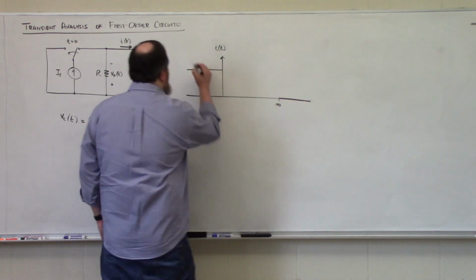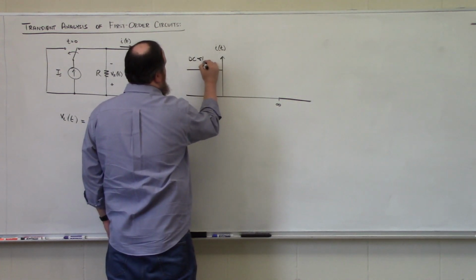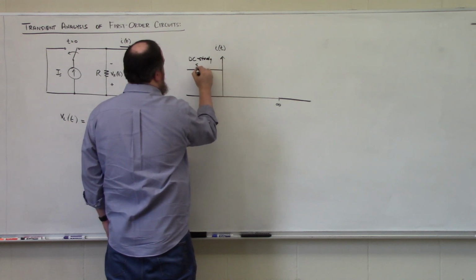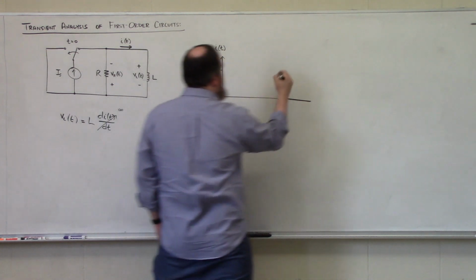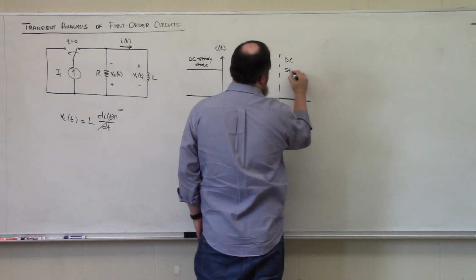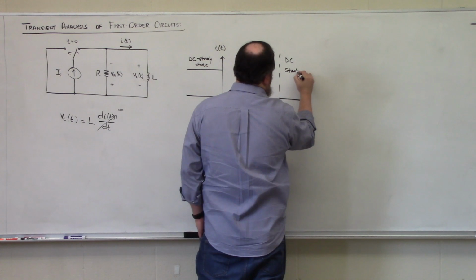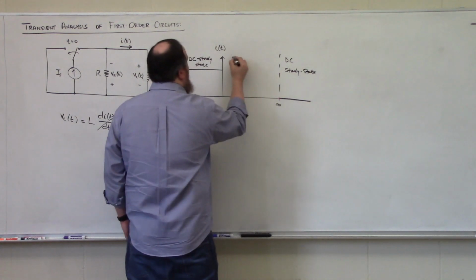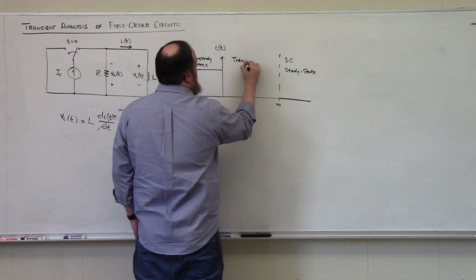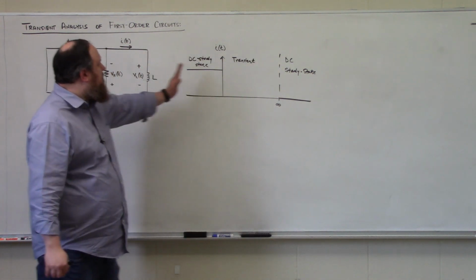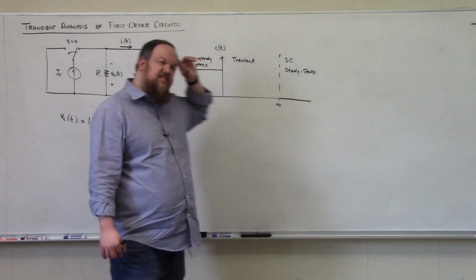Again, this is a DC steady state condition over here, and this is a DC steady state condition. And we have a transient condition as our current changes from this DC steady state to this DC steady state condition.